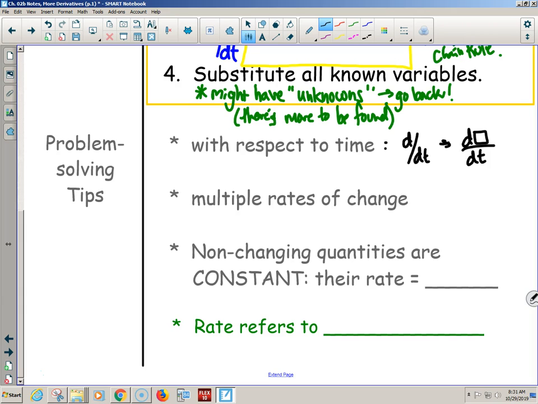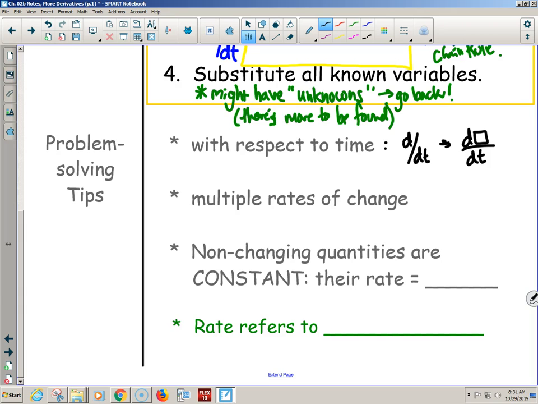Non-changing quantities. Okay, here's one. If in your situation a quantity is not changing, in ours, the water draining out, radius, height, volume, all changing. Water filling up, radius, height, volume, all changing.